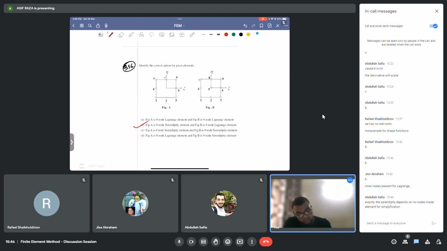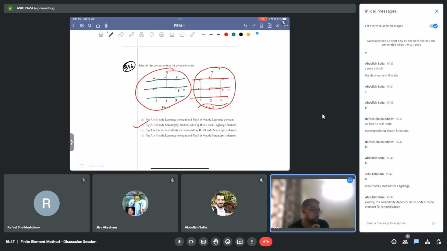So if you see this Lagrange element, there is not a special focus on xi or eta. Suppose it is a quadratic variation: along this line there is a quadratic variation, along this line there would also be a quadratic variation, and along this line as well. But what about here?